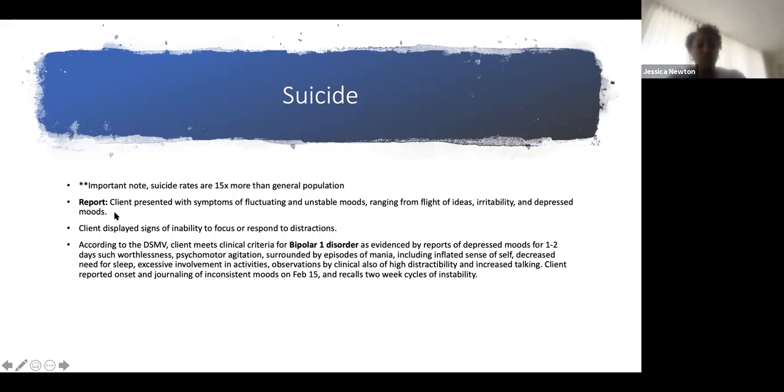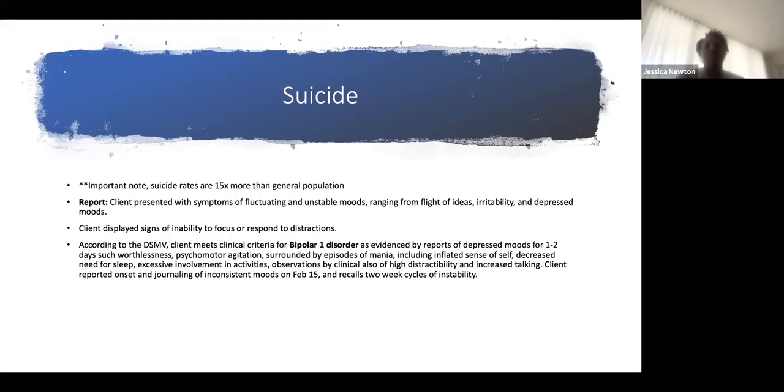So here under report, we have: client presented with symptoms of fluctuating and unstable moods, ranging from flight of ideas, irritability, and depressed moods. Client displays signs of inability to focus or respond to distractions.